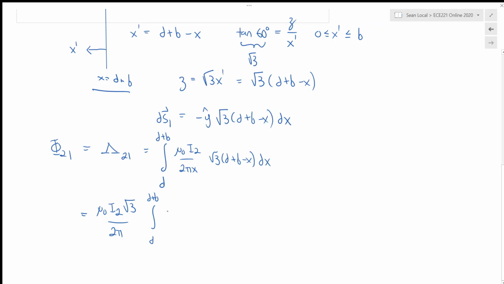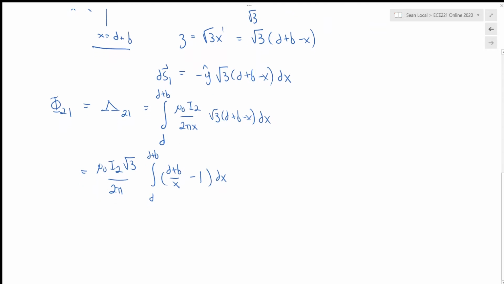So we have d plus b divided by x, minus 1. And then the dx is common to both. So this is fairly easy to integrate now. We're going to have to break this into obviously two integrals and integrate each contribution to the integrand separately.